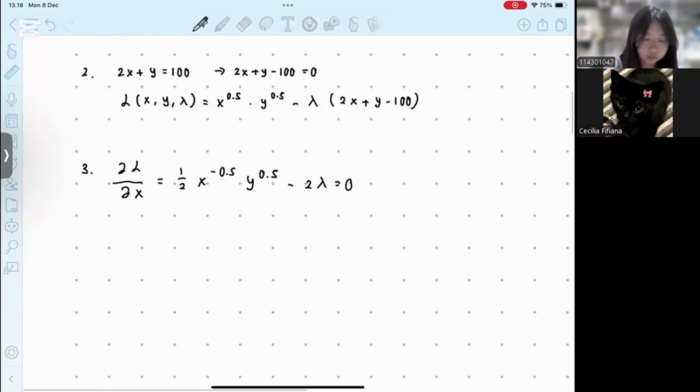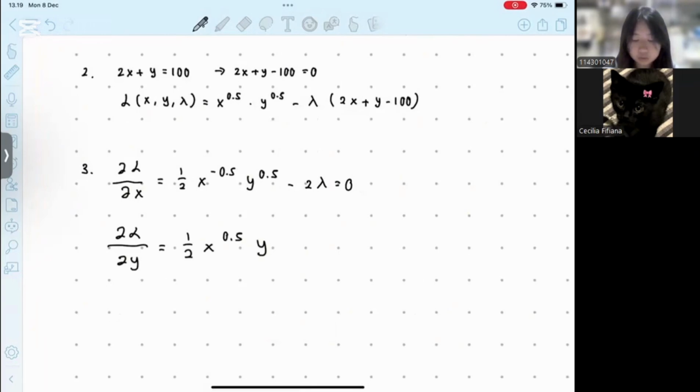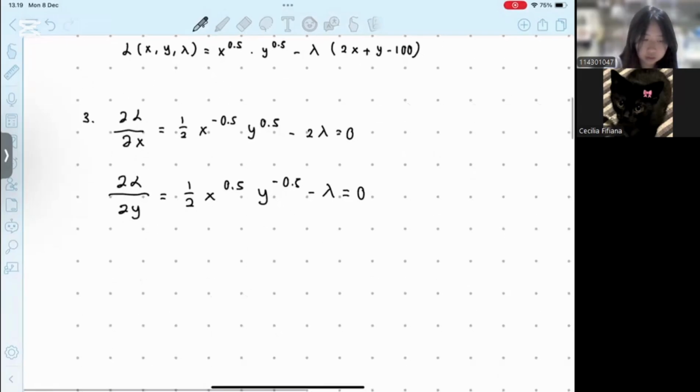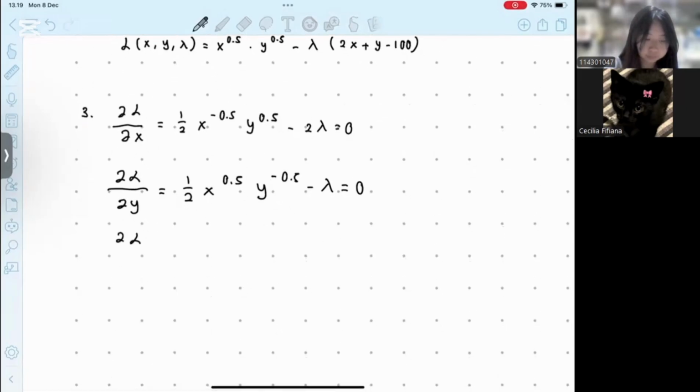The next one would be the partial Lagrange with respect to y equals 1/2 x to the 0.5 times y to the minus 0.5 minus lambda equals 0. And the last one would be minus 2x minus y plus 100 equals 0.